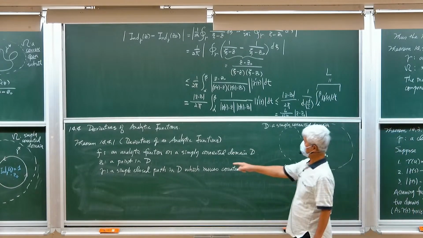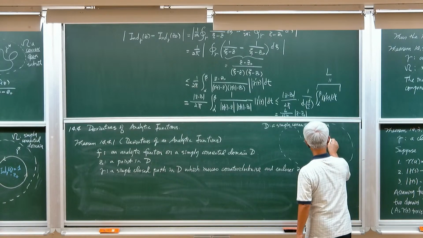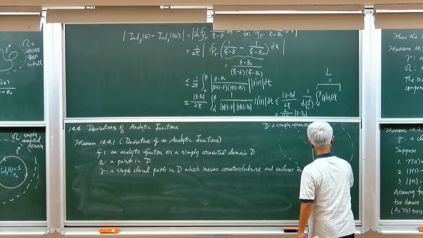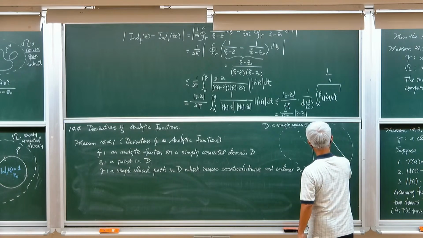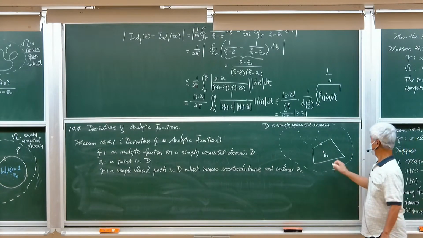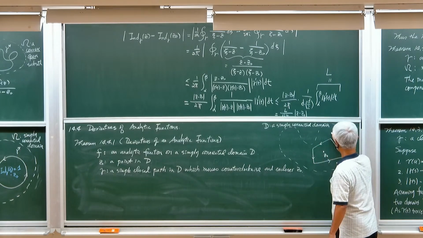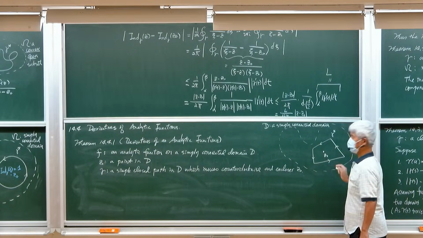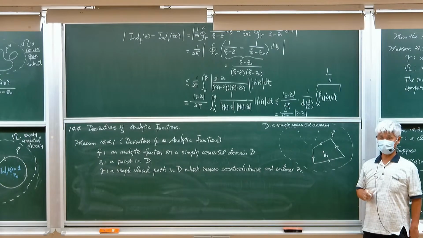And we find a simple closed path. So the simple closed path may be here. And the orientation is counterclockwise. So this is our orientation. So this is gamma star here. And it encloses z0. Okay, so this is our situation.